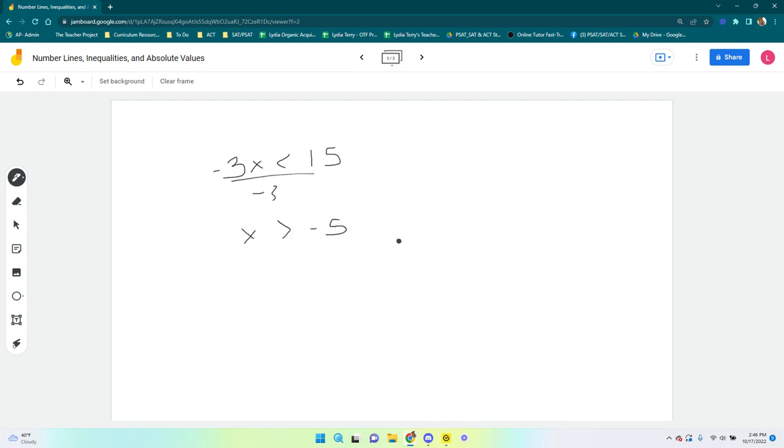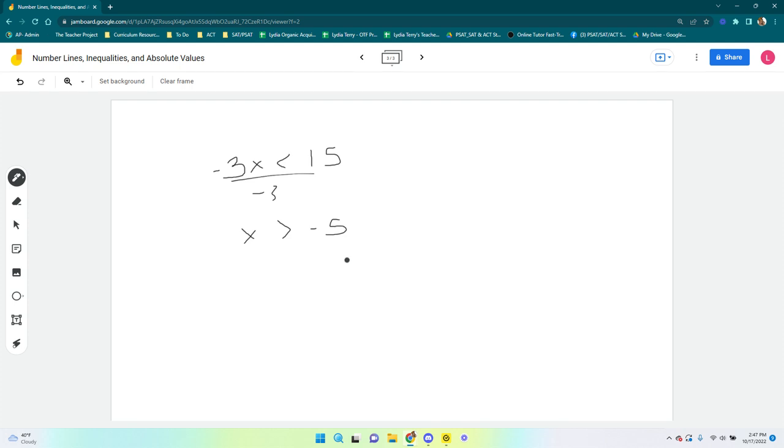You flip the sign. And the reason we do this is because as the absolute value of a negative number gets bigger, it's actually more to the left on the number line, and we compensate for that by flipping the sign. You can think about this for a second. Let's say x is negative 4. Negative 3 times negative 4 is going to be positive 12.